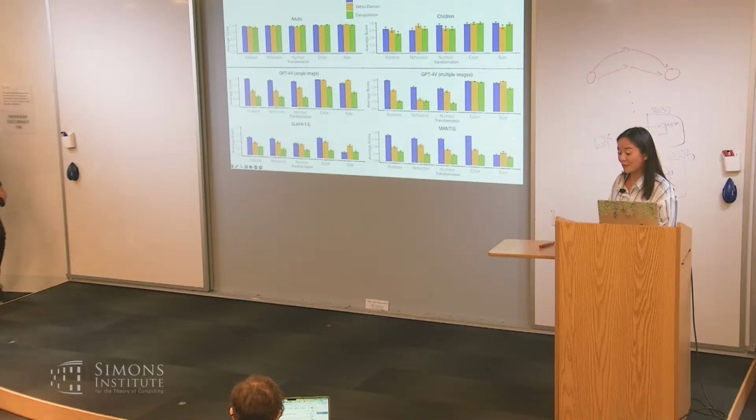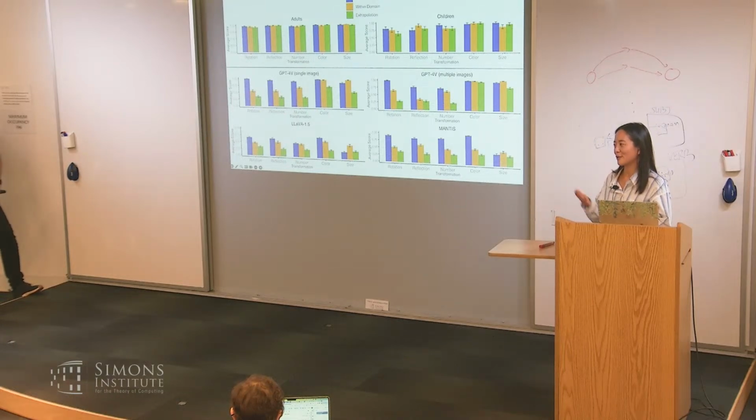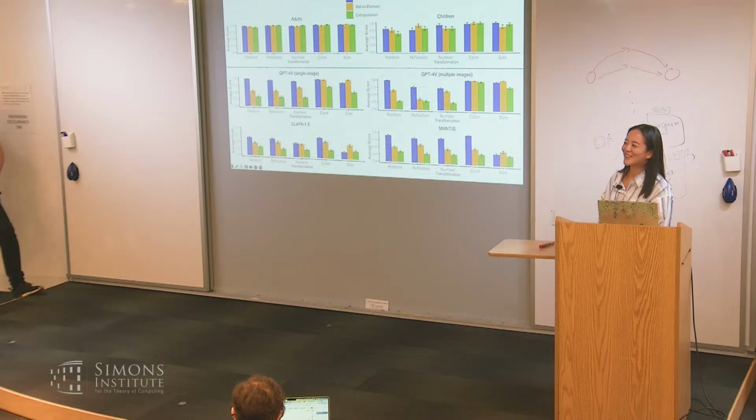I am very curious to look at just vision models, because right now we have these large multimodal language models, but they're fundamentally driven by language. It would be interesting to look at generative visual models to see if they also have these biases, or if they would succeed on the task. We don't know, but that would be something to test to see what exactly is driving these differences in performance.